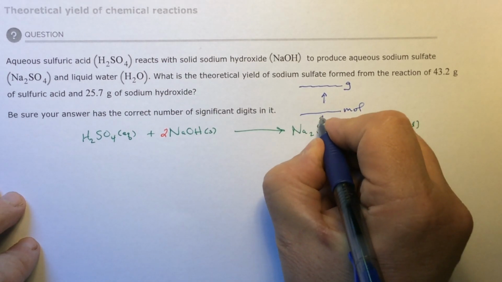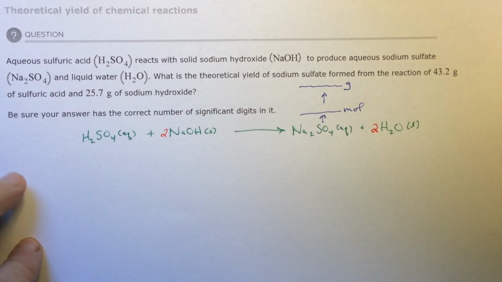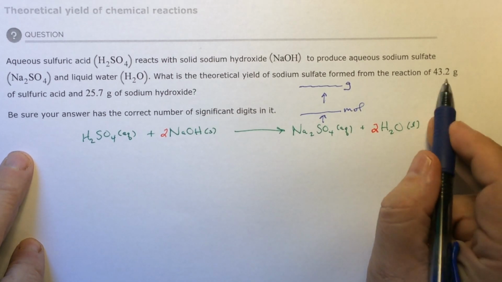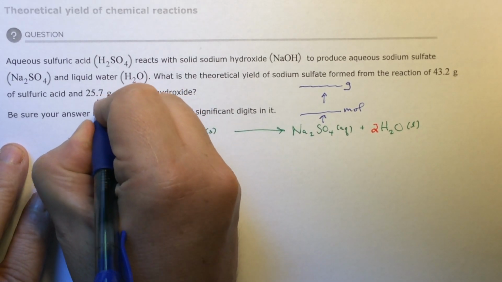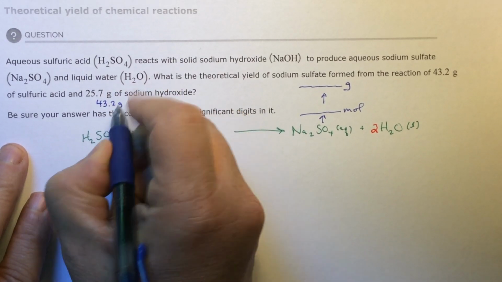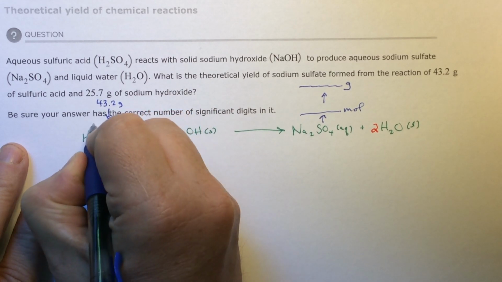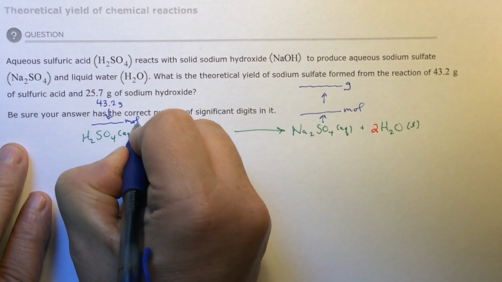Okay. All right, so they're going to give you 2 inputs. They're going to say, first of all, you have 43.2 grams of sulfuric acid. 43.2 grams. Okay, so we're going to find out how many moles that is.